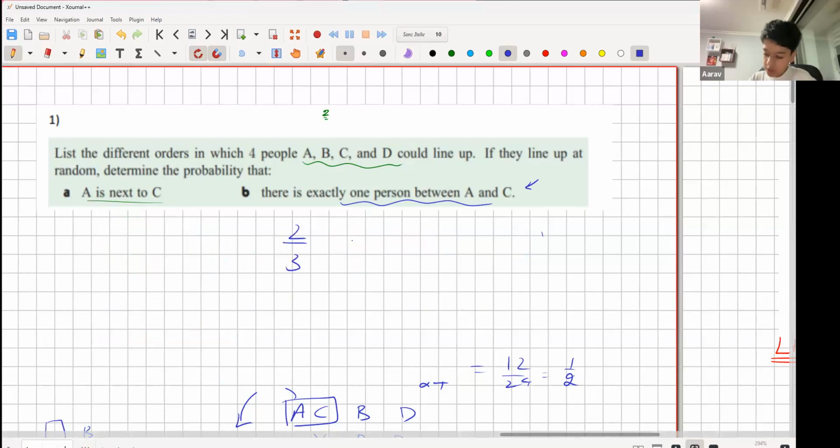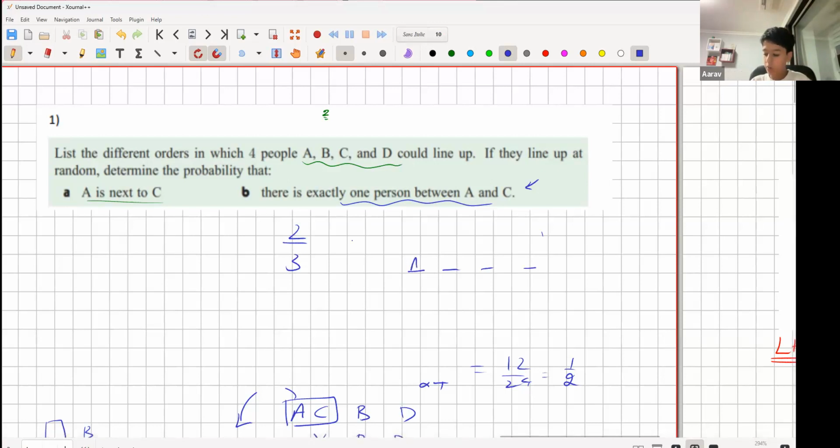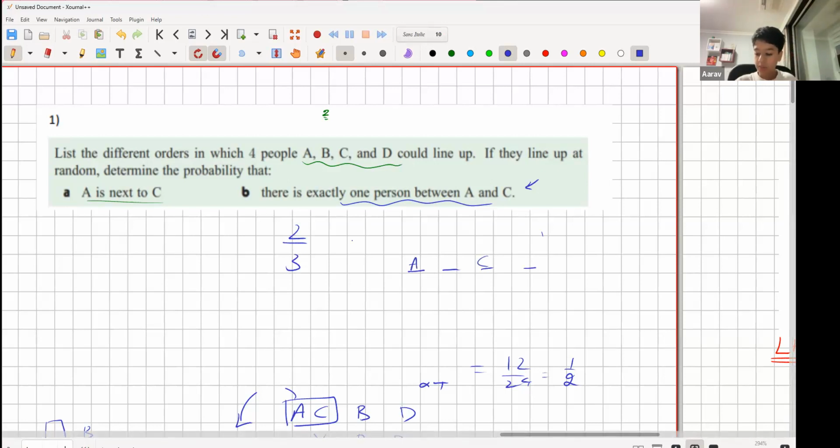So similarly to the previous question, I basically just drew out 4 lines. Since there has to be exactly 1 person between A and C, the only 2 possibilities are if either A or C is in box 1 and the remaining one is in box 3, or A or C is in box 2 and the remaining one is in the 4th box.